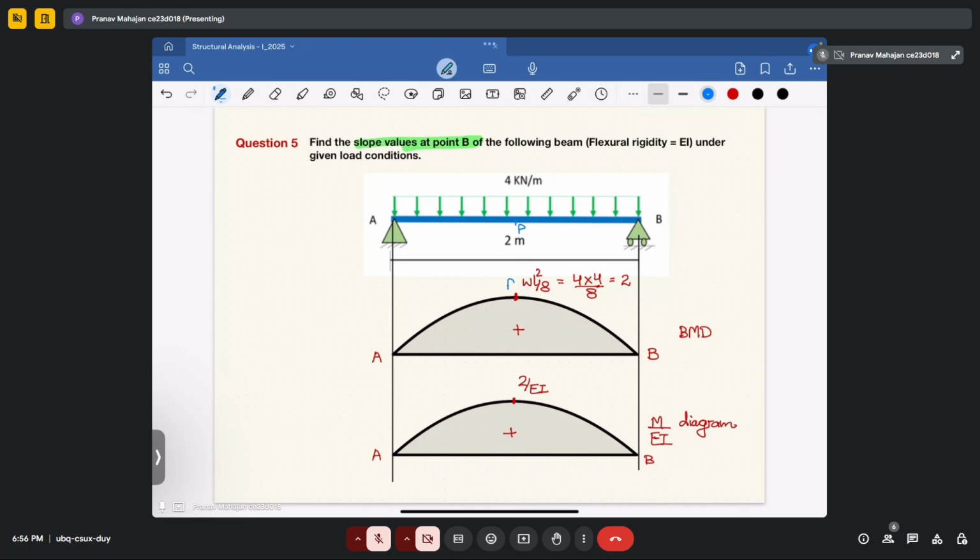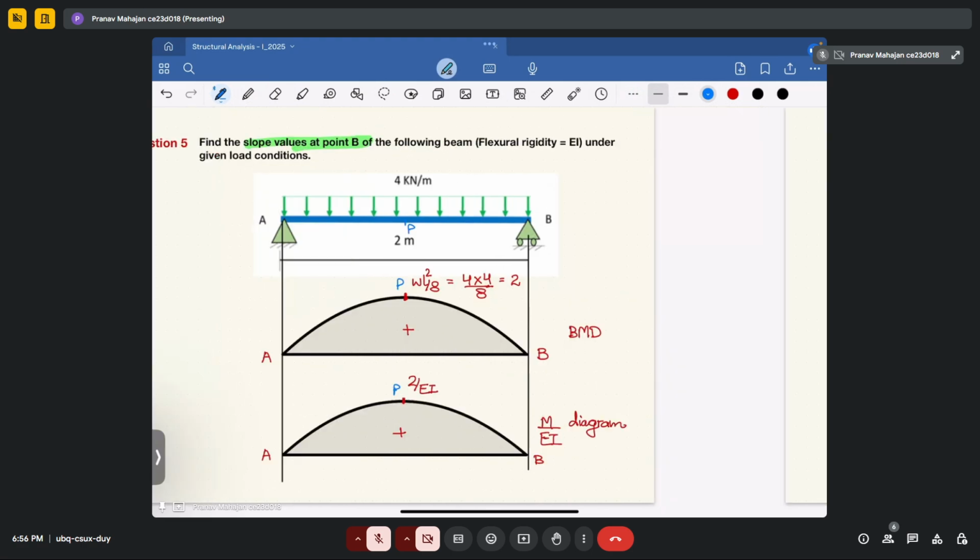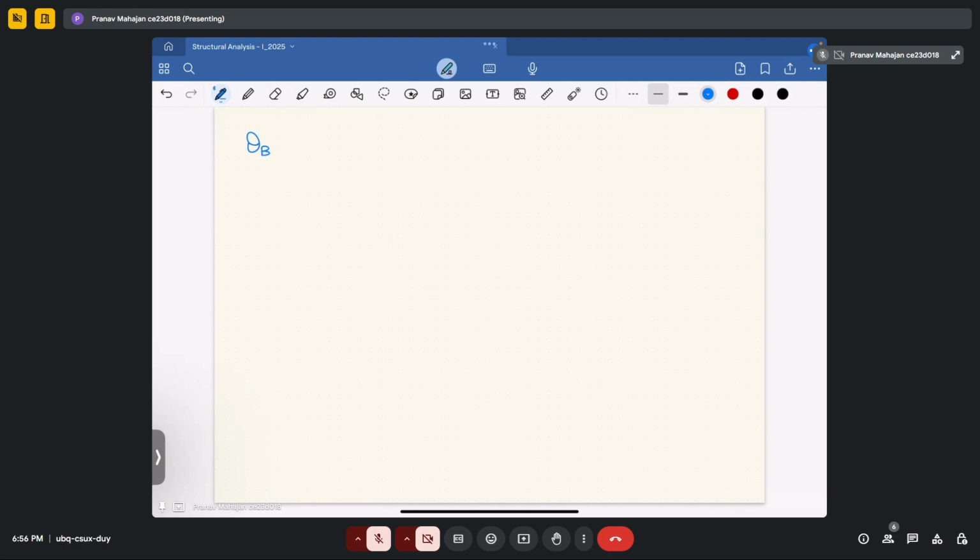So suppose this is point P. I will find theta B with respect to P, that means theta B minus theta P. Since the slope at point P is equal to 0, because at the center there is no slope, you have to determine this area, that means the area of the bending moment diagram between B and P, and divide it by EI.